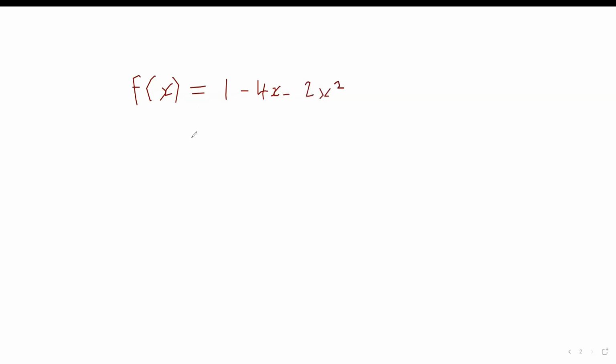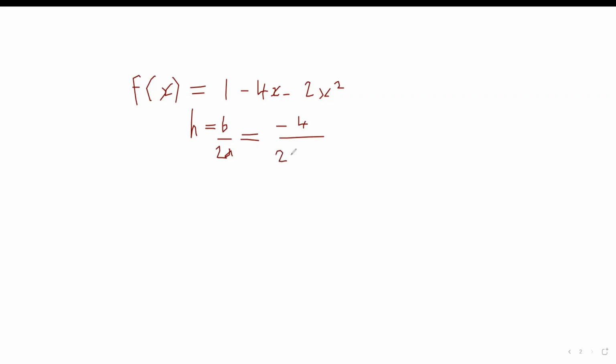So to complete the square, first thing we need to find is h. And we know that h is equal to b over 2a, and b over 2a is going to be negative 4 over 2 times a, where a is the coefficient of your x squared term.